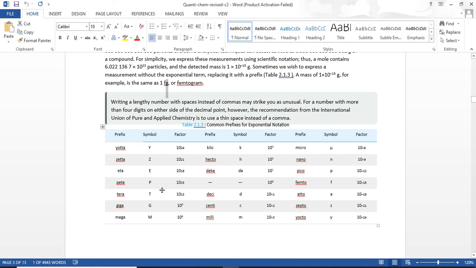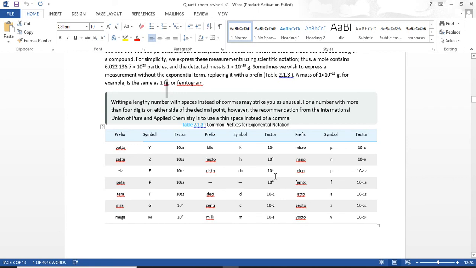Okay, for your small letters, although their values are still large, you have your kilo. It is now lowercase k, and the factor is 10 raised to 3. For hecto, small letter h, then 10 raised to 2. And for deca, it is 10 raised to 1.